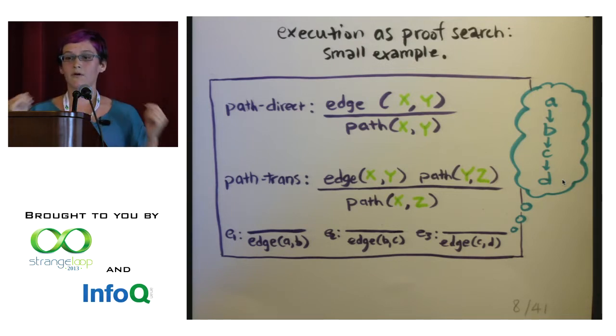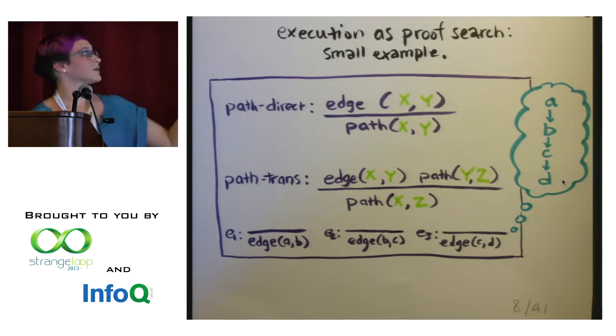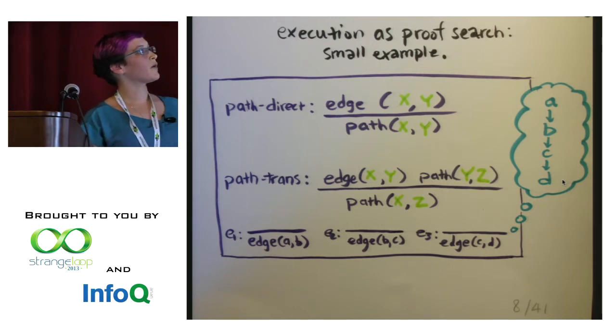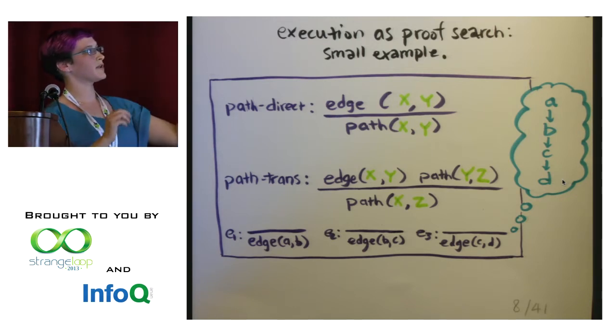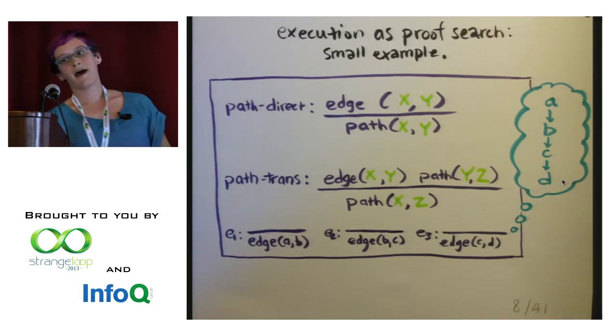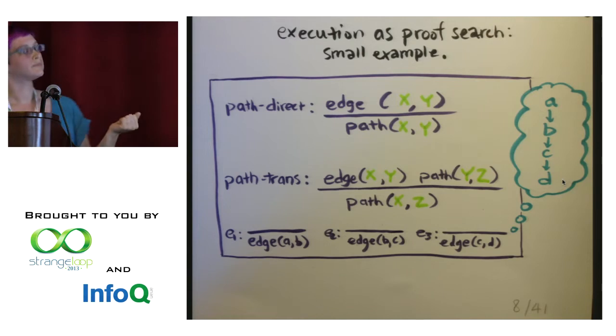So this is a program that computes graph connectivity, and we have a rule that says if there's an edge in our graph from x to y, then there's a path from x to y. So that's one rule defining path. And there's a path transitivity rule, which says if we have an edge from x to y, and then some intermediate point y, a path from y to z, then we get the composed path from x to z.